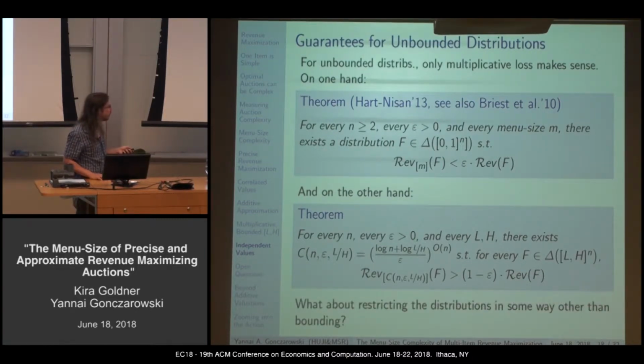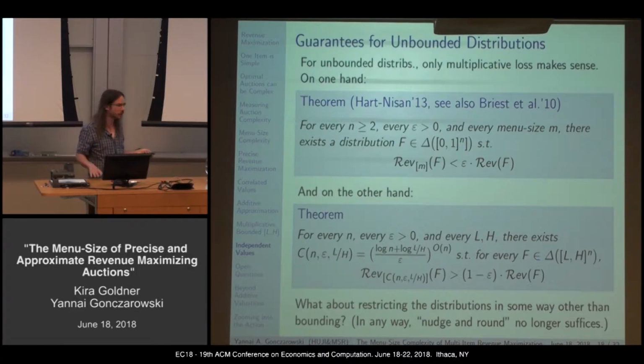But we'd like to restrict the distributions in some way other than bounding them. We want to look at unbounded distributions, but somehow restricted to still give us a guarantee. And note that however we do this restriction, which is going to be independent distributions in a moment, nudging around will no longer suffice if we want any kind of upper bound.